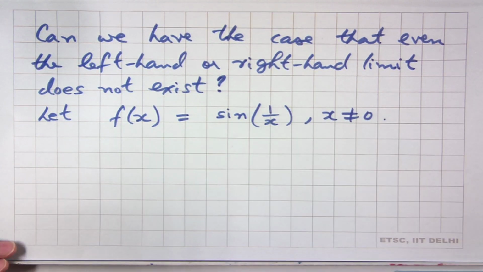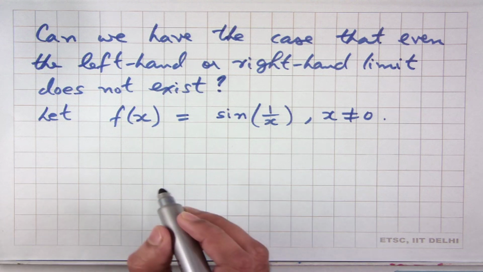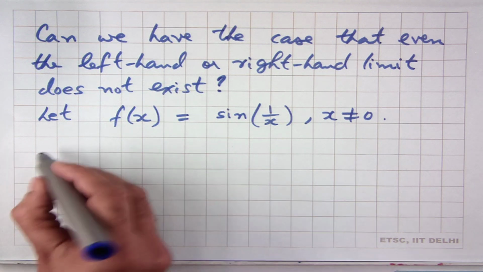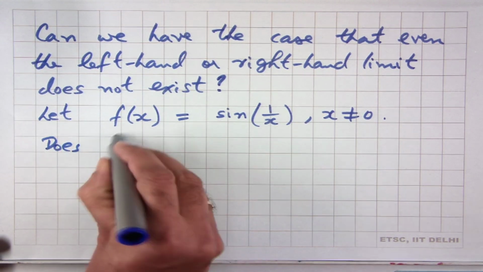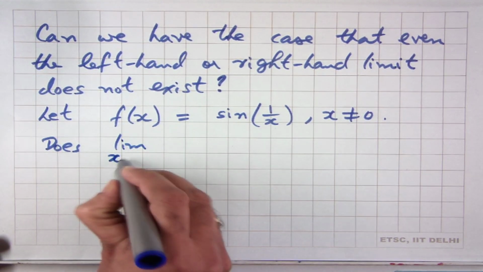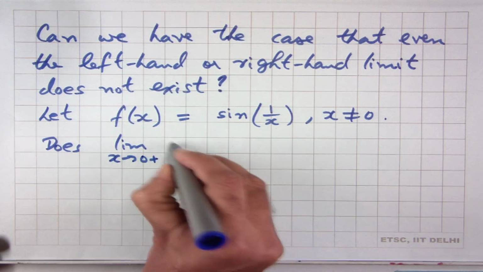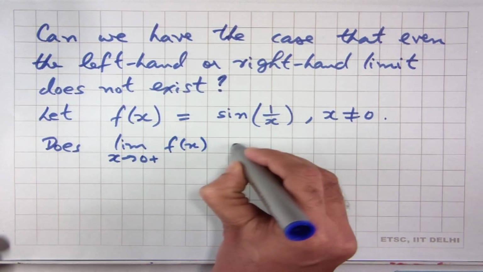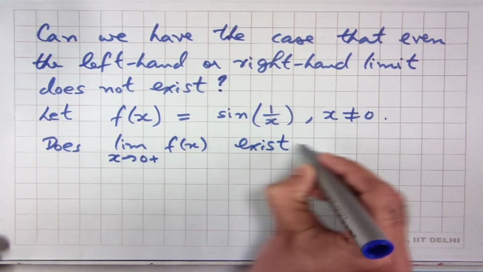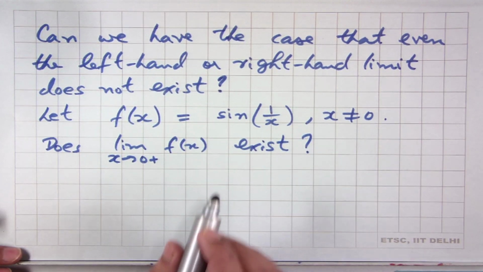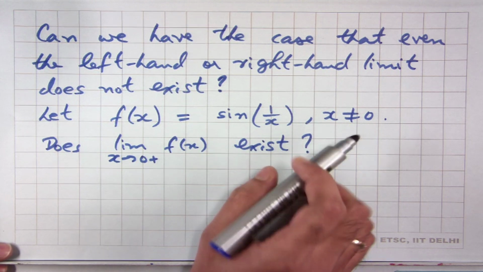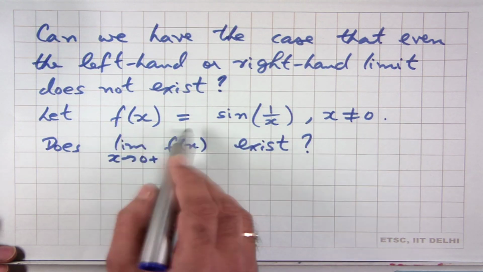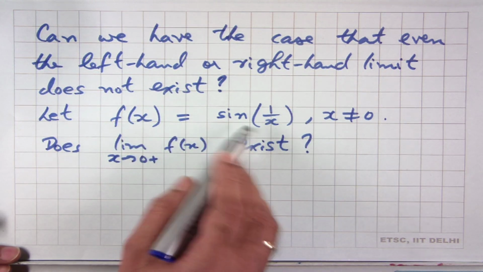So, does the limit as x goes to 0 plus of f of x exist? We are defining f of x for all x non-zero, and f of x is defined to be equal to sine of 1 by x.